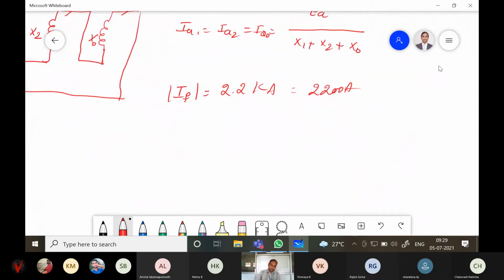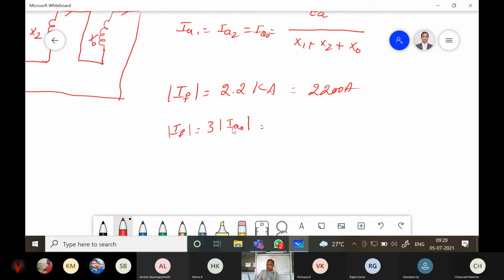Therefore, what is the equation for fault current in case of the LG fault? IF is equal to 3 times IA0, right? Taking all magnitudes, IF is 3 times IA0.